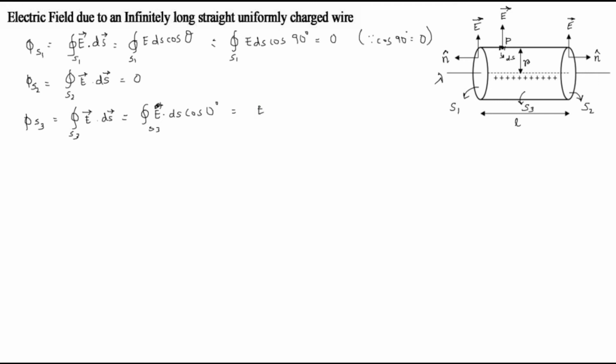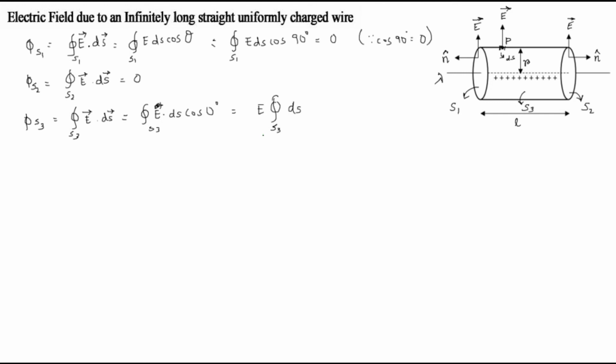So we can write it as E. We can bring E out of the integration because it is a surface integral and has to be applied over the surface concerned, dot ds cos 0 becomes 1, right? So it becomes E surface integral of S3 ds.